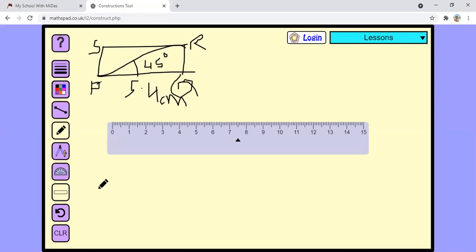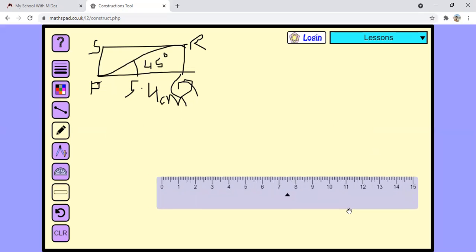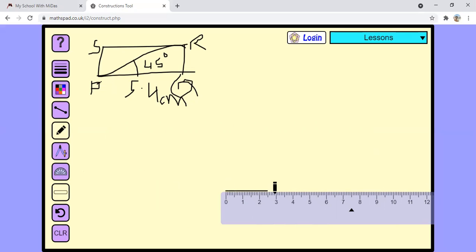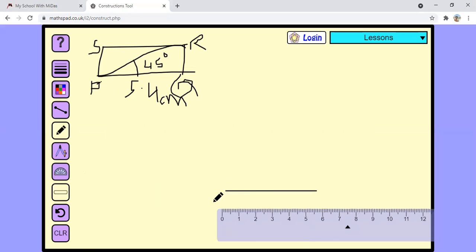Take the help of a ruler, and first of all draw one line segment having the length 5.4 centimeter. Draw like this. 5.4 centimeter is here. Now you can put the name here.